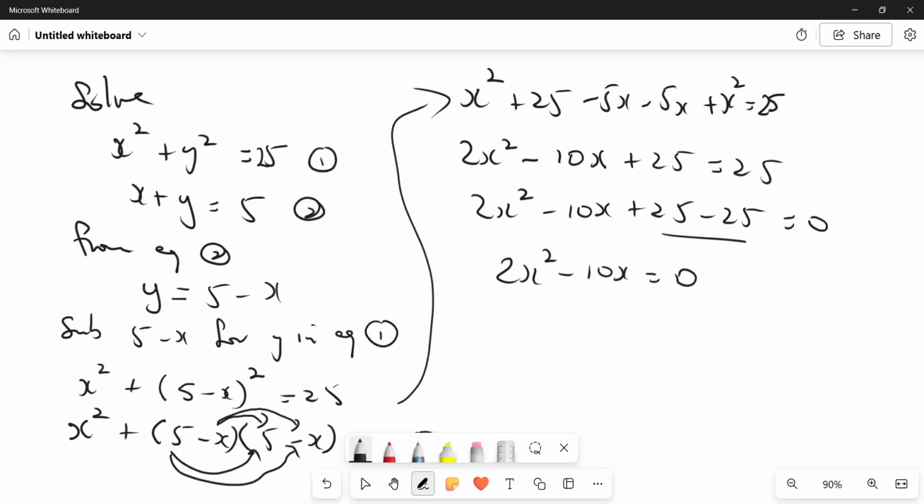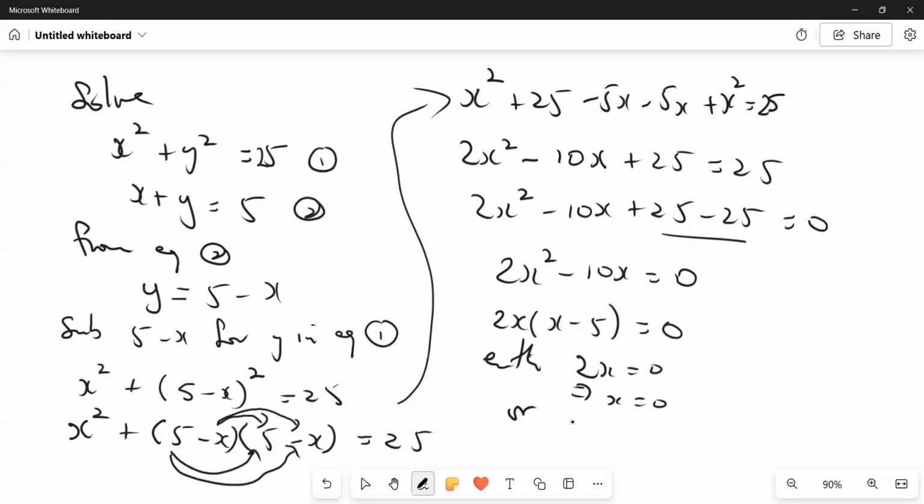So you get 2x into x minus 5 equals 0. So either 2x equals 0, which implies that x equals 0, or x minus 5 equals 0, which implies that x equals 5. So we got two numbers: x equals 0, x equals 5.